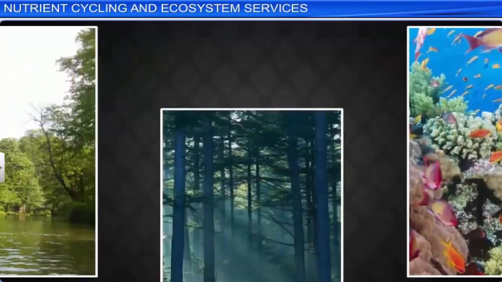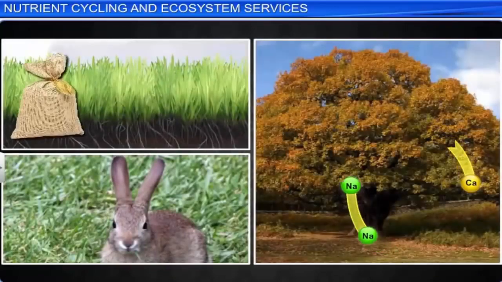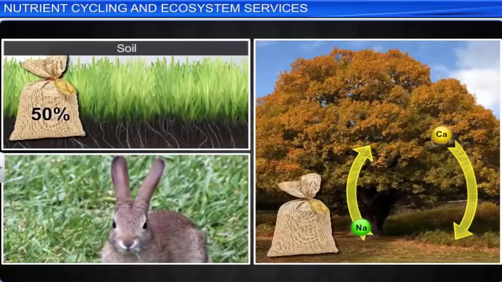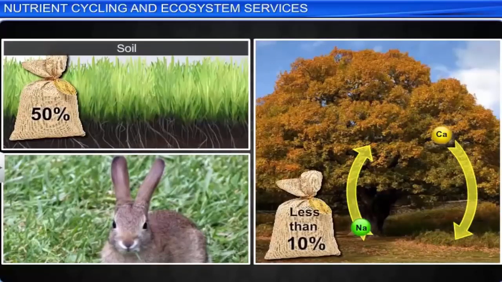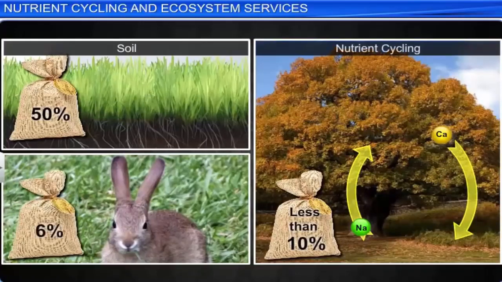Of the total cost of different ecosystem services, 50% is accounted for by soil, less than 10% each by services such as nutrient cycling and recreation, and about 6% each by services like wildlife habitat and climate regulation.